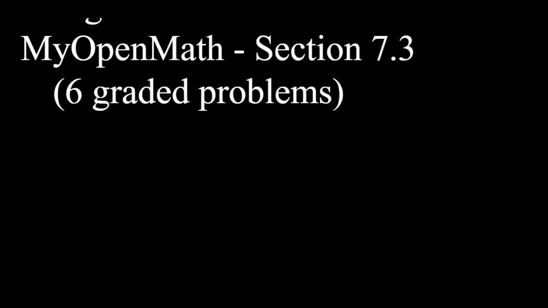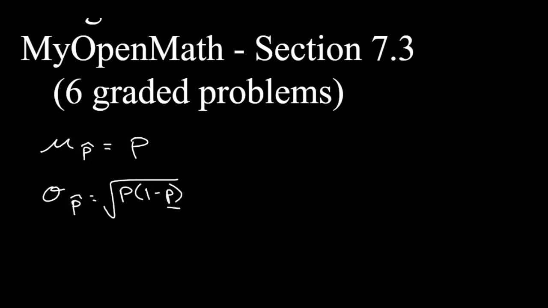Well, let's just summarize. Mu for sample proportions, mu sub p hat is equal to p. For the standard deviation of p hat, remember that is the square root of p times 1 minus p divided by n. So those are your 2 values you need for that one. When you're talking about sample means, the mean of the sample means is just the mean of the whole population.